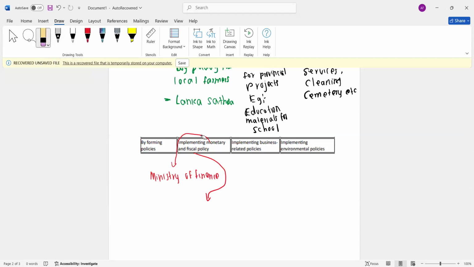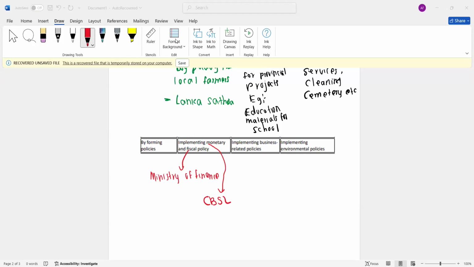Sorry, children. I was wrong. Okay. Monetary policy is implemented by the Central Bank of Sri Lanka. Fiscal policy is implemented by the Ministry of Finance. Fiscal policy implemented by Ministry of Finance. Monetary policy is implemented by CBSL, Central Bank of Sri Lanka.